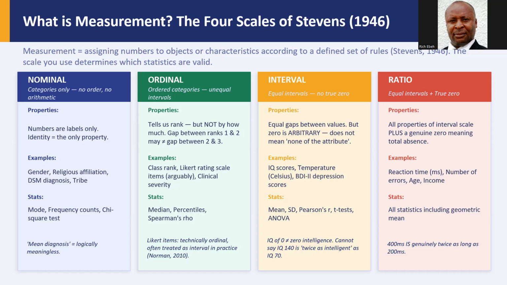For example, reaction time in milliseconds is a ratio scale. 0 milliseconds would mean no time at all. Also, the number of panic attacks a person experiences in a month is ratio data. 0 means they had no attacks. With ratio data, all statistical operations are permissible, including multiplications and divisions.